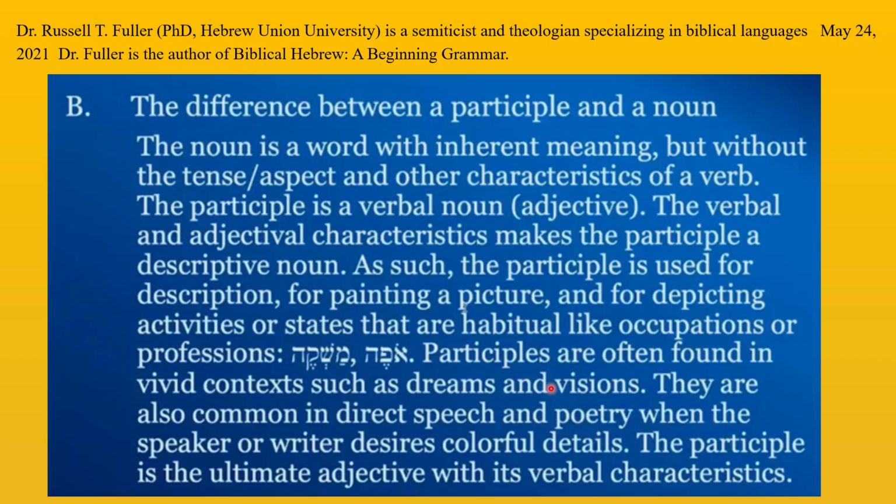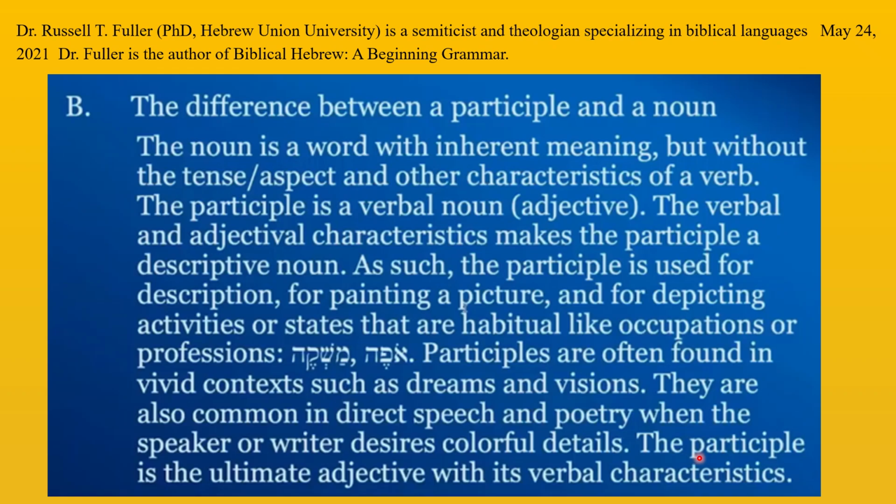But it's tenseless. In other words, it's ongoing action. It's not in the past, it's not in the present necessarily, nor is it in the future. It's ongoing. So that's an important distinction. So you'll find that again when the speaker or writer desires colorful details.